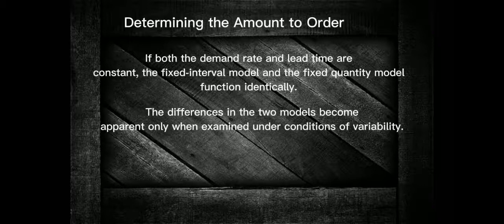Like the ROP model, the fixed interval model can have variations in demand only, in lead time only, or in both demand and lead time. However, for the sake of simplicity, and because it is perhaps the most frequently encountered situation, the discussion here will focus only on variable demand and constant lead time.